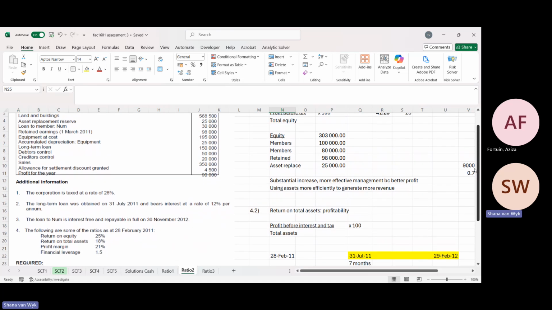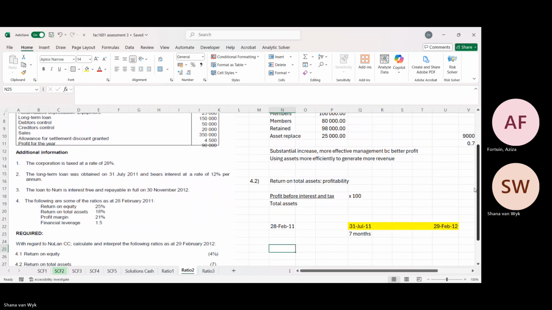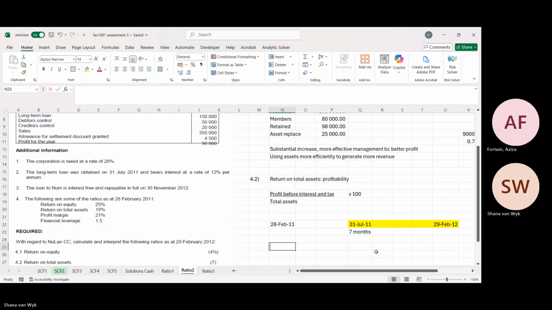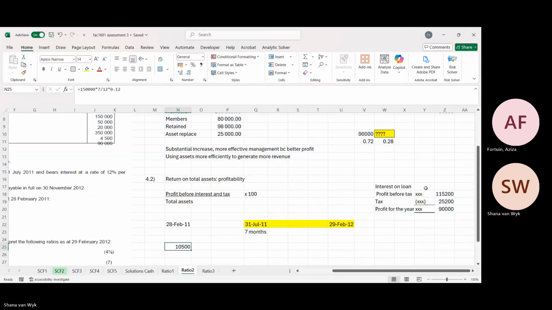Where will that long-term loan be? 150,000. So that is my... okay.